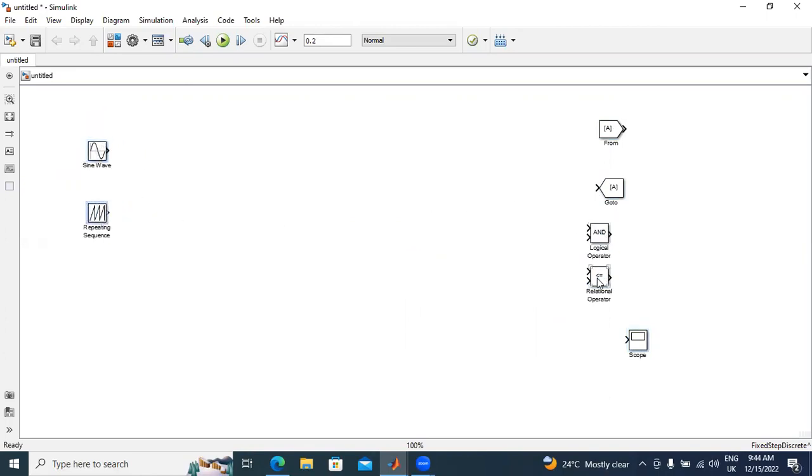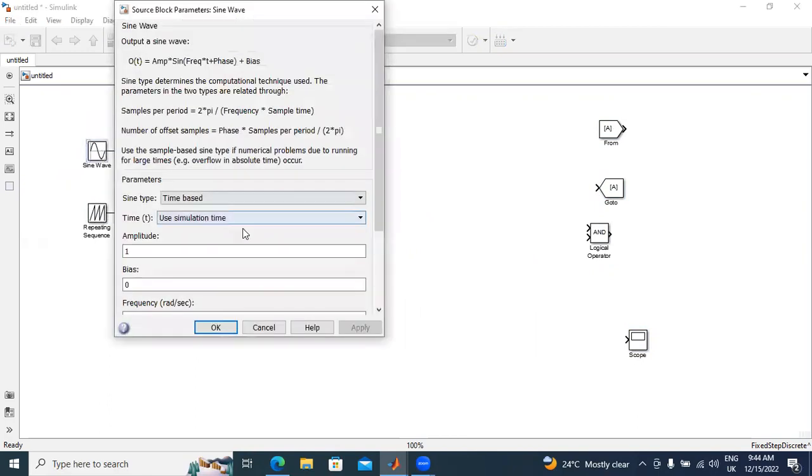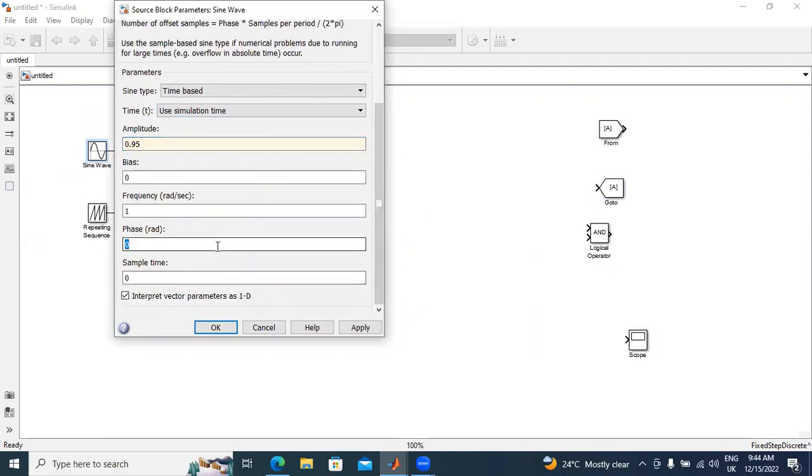First, I will apply the sine wave to the first input. Next, the repeating sequence I will apply to the second input. I will give the sine wave values: amplitude 0.95, and frequency 2 pi into 50 radians per second, that is 50 hertz.